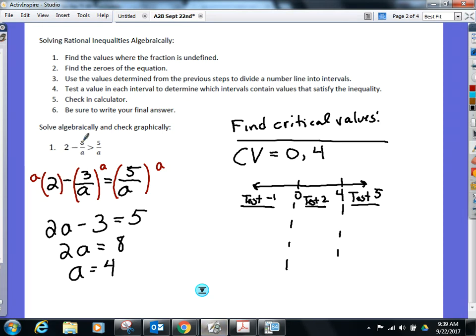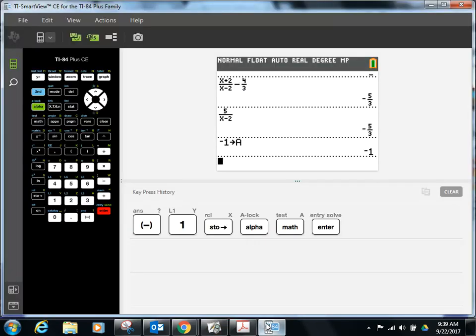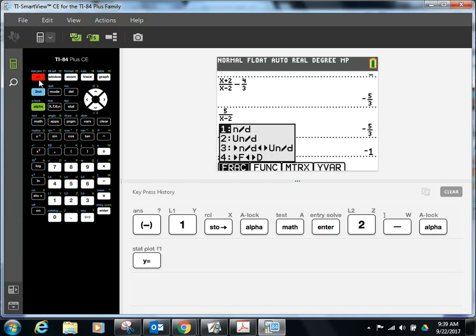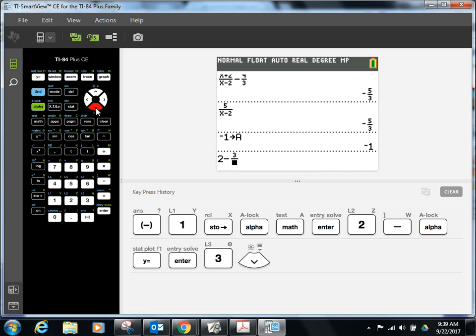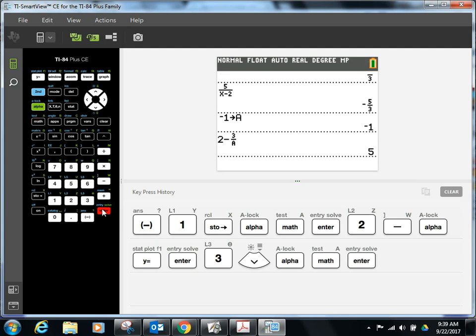Do 2 minus 3 over A. So 2 minus, get your fraction template, 3 over A. And that will give you 5. Yes, everyone's getting 5?